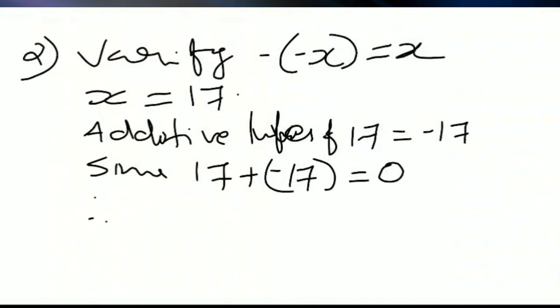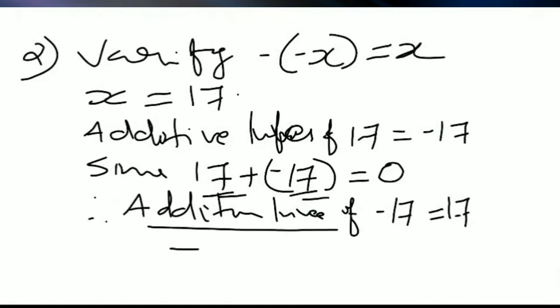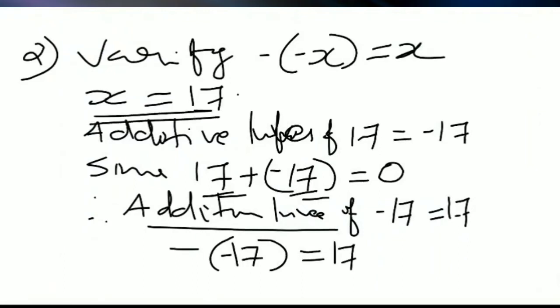Therefore the additive inverse of −17 equals 17. Another name for additive inverse is negative of, so we can write the negative of (−17) equals 17.